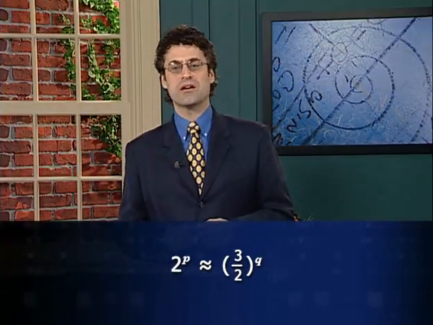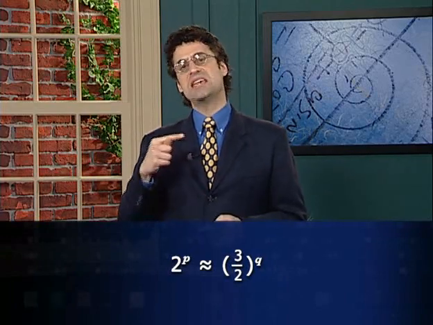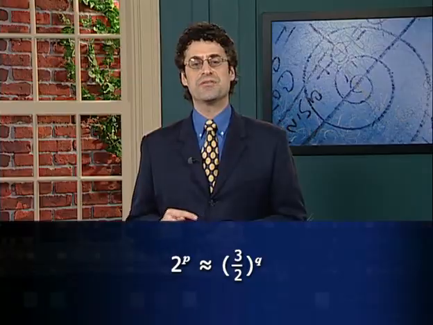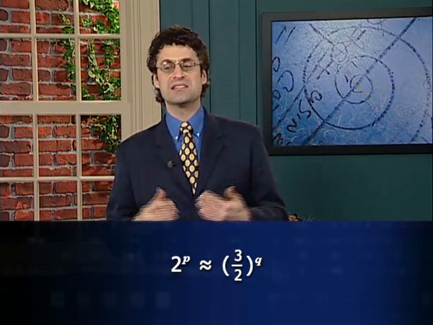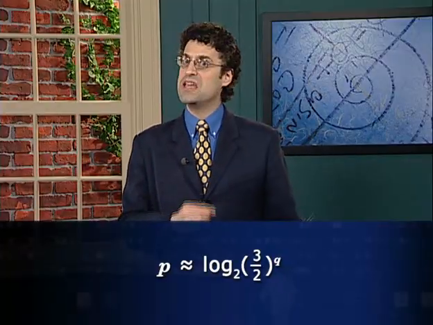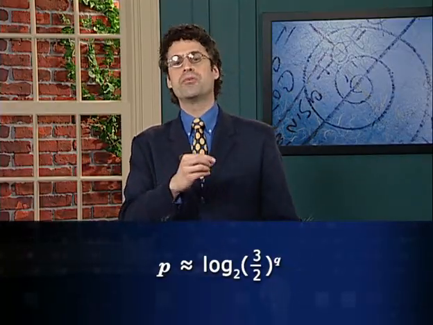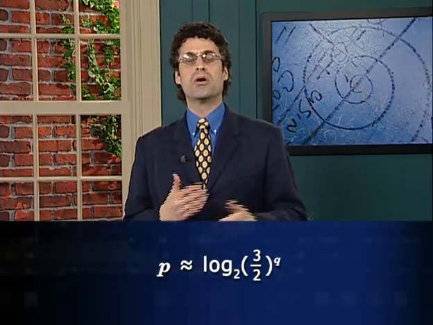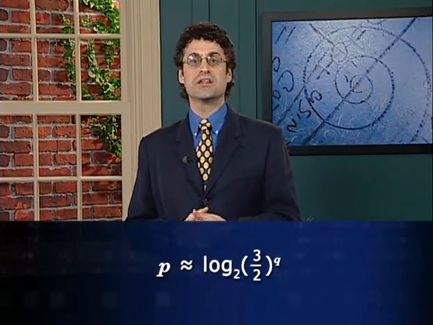And so what we see here is that p is the exponent to which we have to raise 2 in order to see (3/2)^q. And so that translates into p is approximately log base 2 of (3/2)^q. I just took that approximation and now wrote it as the identical approximation using a log.